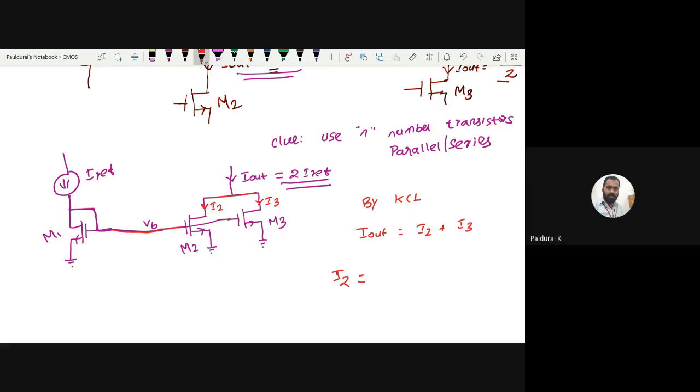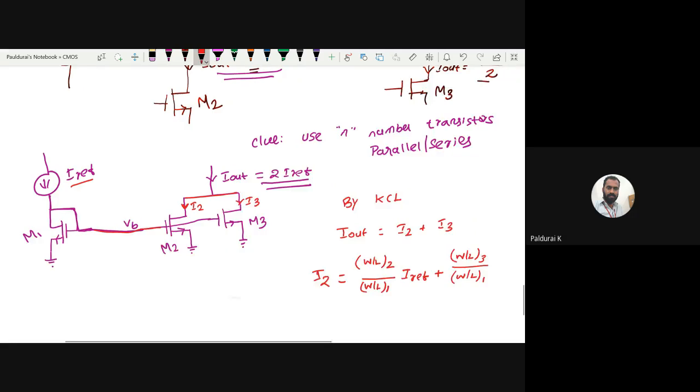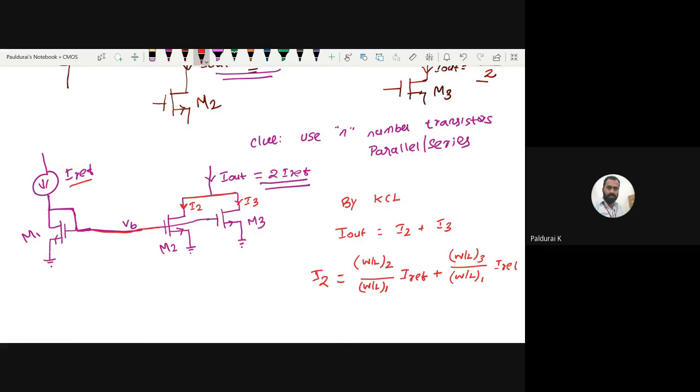So how will I2 be? Width to length ratio of the second transistor to width to length ratio of the first transistor times this current I reference. Plus, what about I3? Width to length ratio of the third transistor to width to length ratio of the first transistor times I reference.